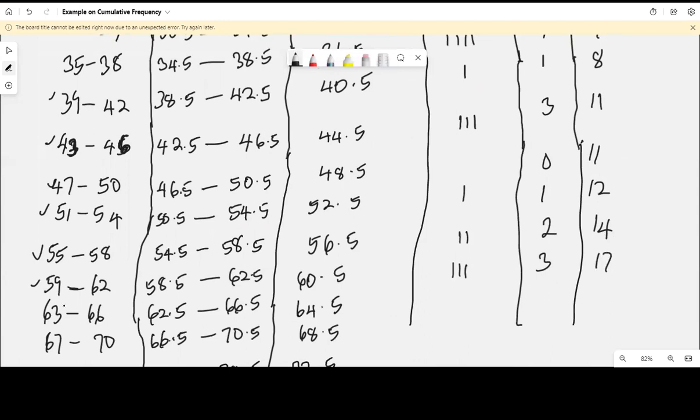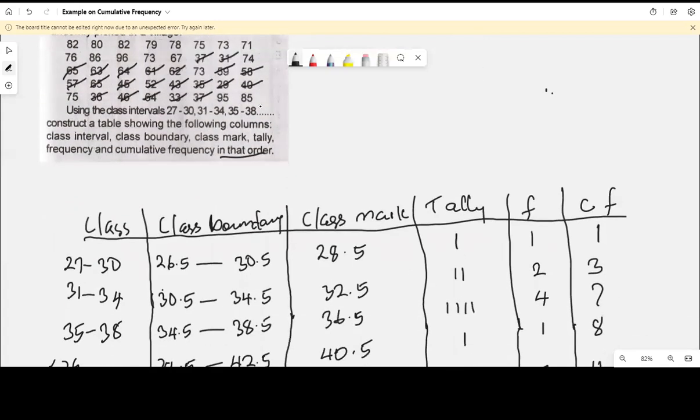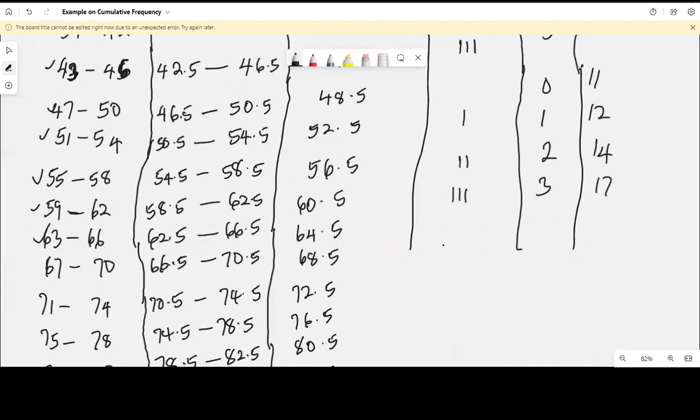Here, the next interval is 63 to 66. 1, 2, 3, 4, 5. Okay, there are 5 there. So on that tally, 1, 2, 3, 4, and 5. 5 for the frequency.